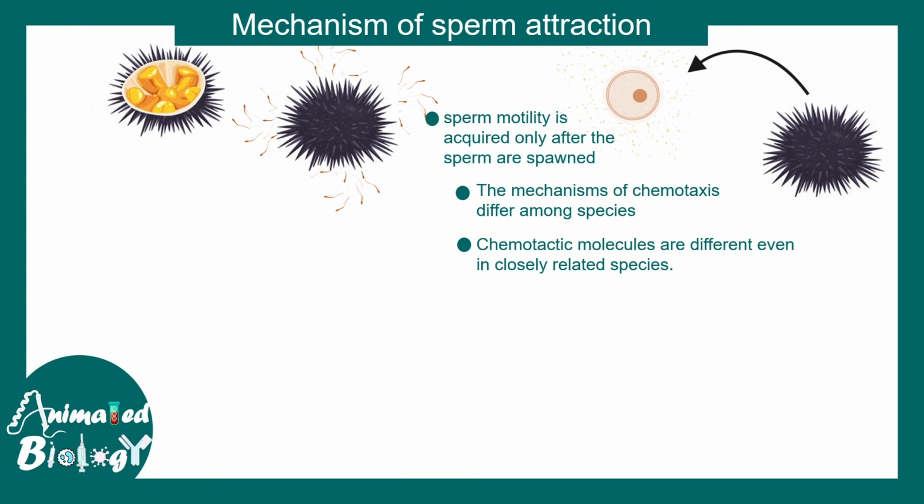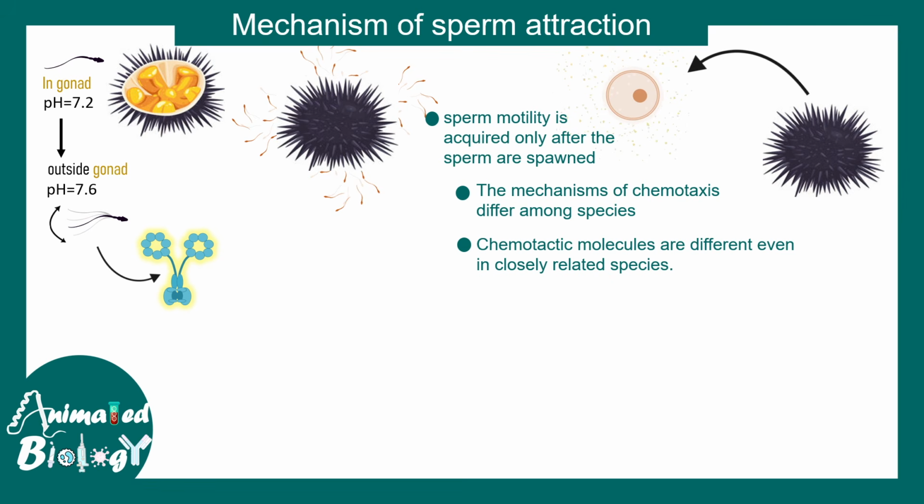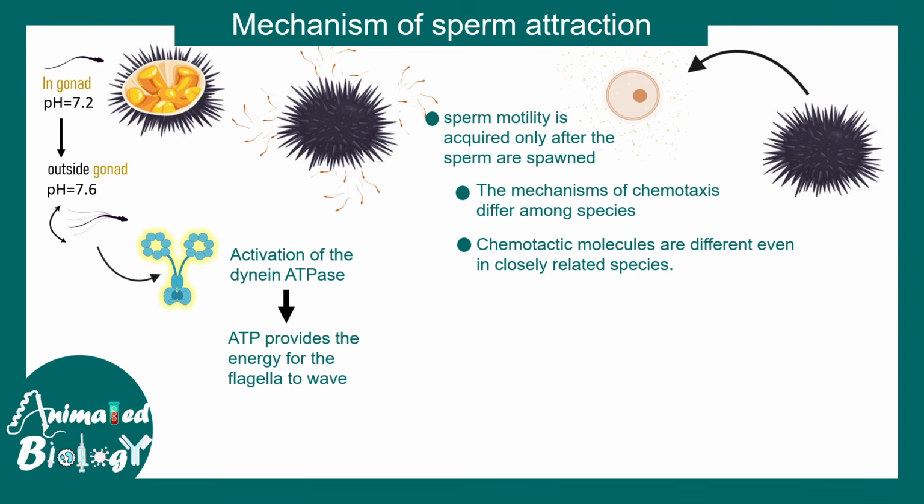Initially in the gonad, the sperm is immotile because the pH is 7.2. Outside the gonad, the pH rises to 7.6, so the sperm become motile. In the sperm, the activation of dynein ATPase ensures that the flagella show wave-like movement and the sperm can start swimming vigorously.